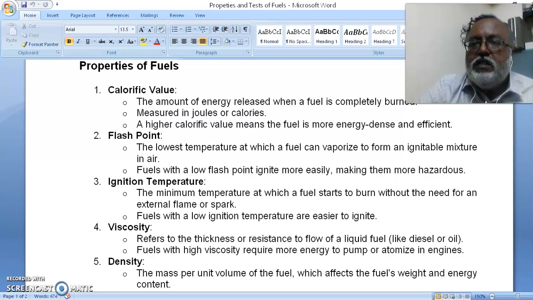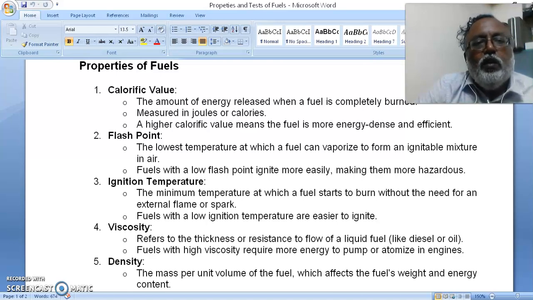Our energy is measured in either joules or calories, so the doctors are advising us to spend the calories produced by the food to keep our body healthier. Similarly for fuel, when the fuel is completely burned, we get some calorific value.